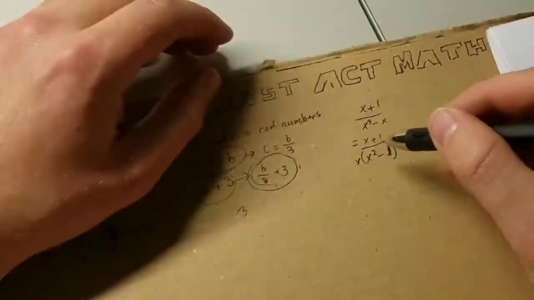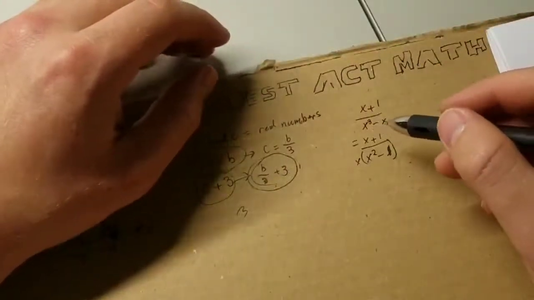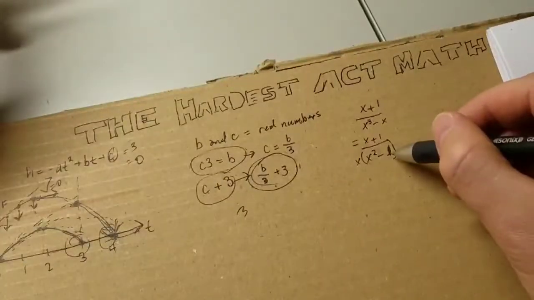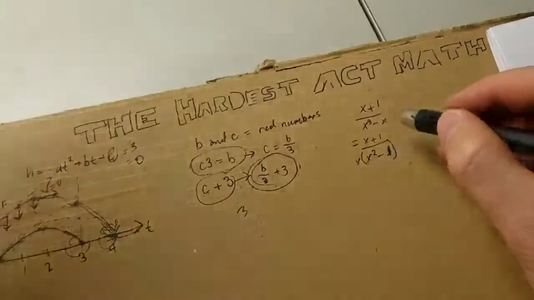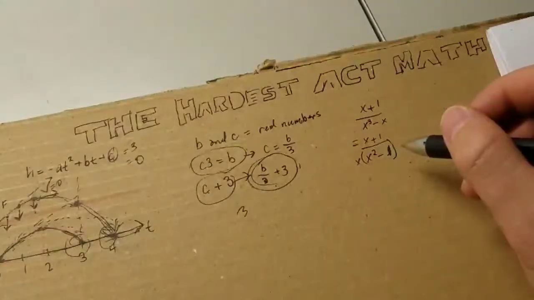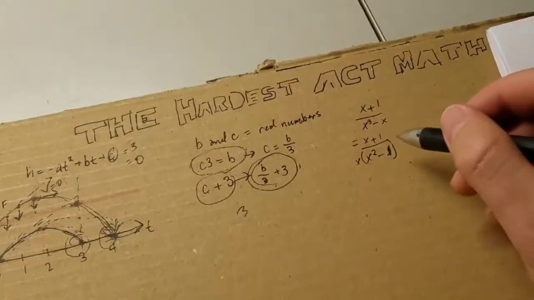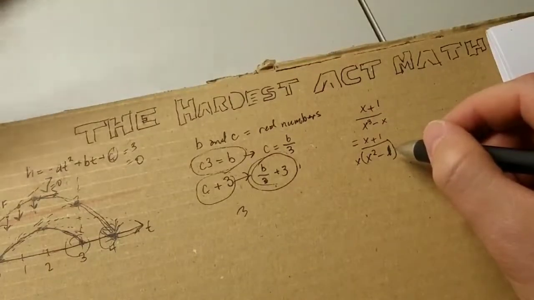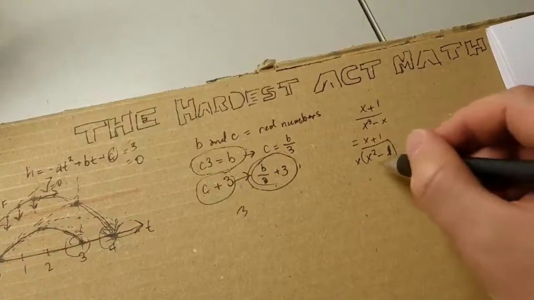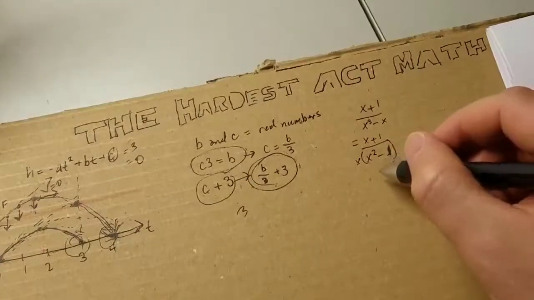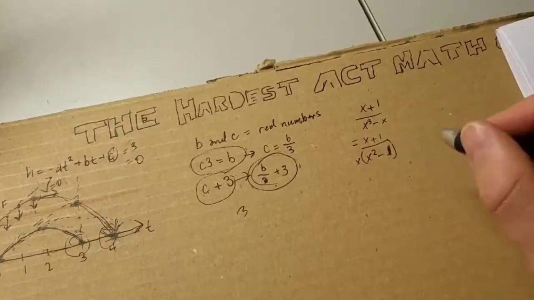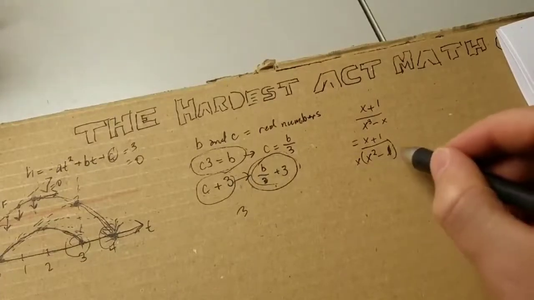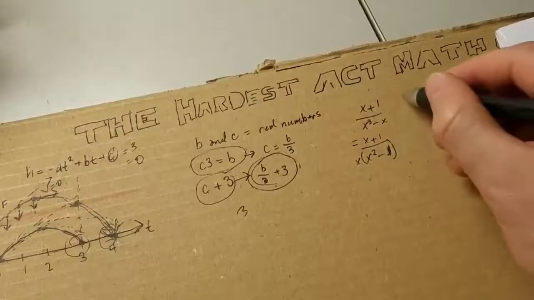And this one is particularly tricky because it's hard to remember that 1 is in fact a square of itself. In fact, it's a cube of itself, and it's any exponent of itself. You can multiply it by itself as many times as you need, and you'll still get 1.